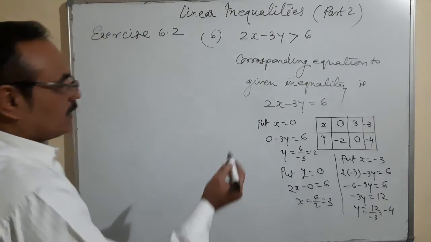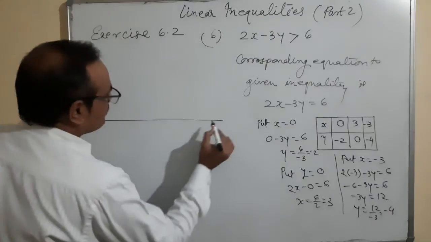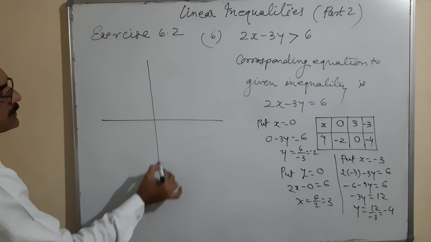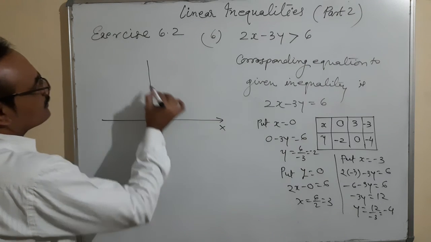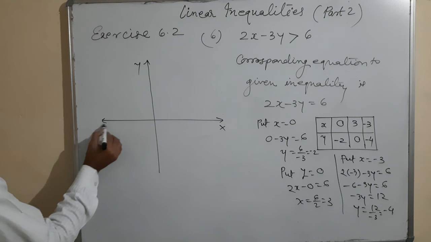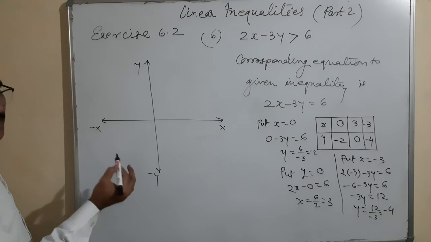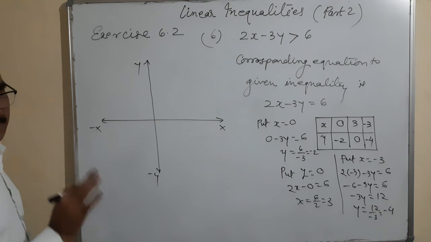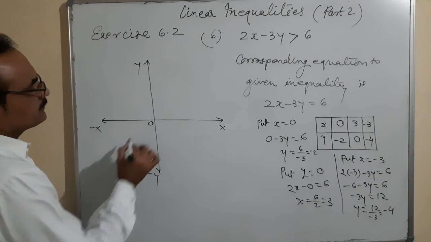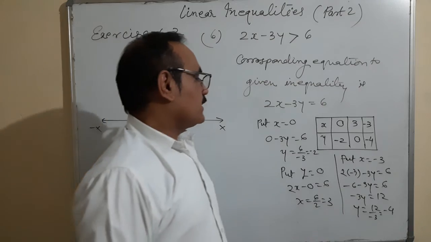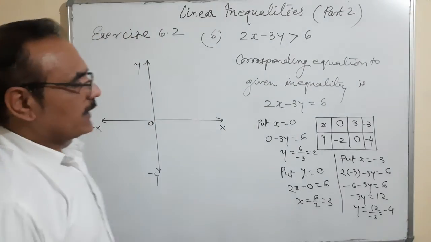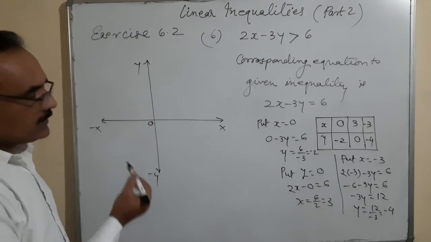Anyway, we are representing. Here you are seeing some negative points also. You can use here minus x, minus y or x dash and y dash. Okay, there's no problem. First point is 0 comma minus 2. X is 0, y is minus 2.